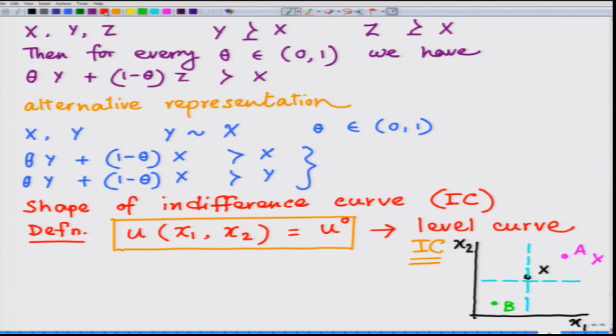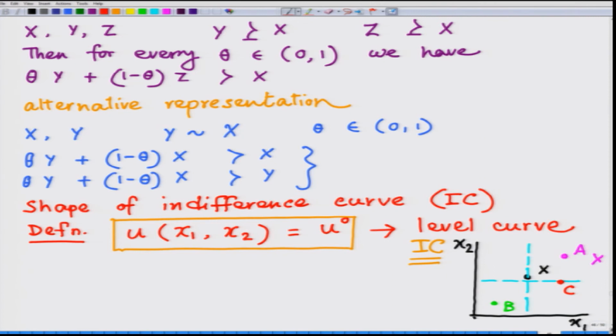Let us take another point, say here, and let us call this point C. Now, here you note, although in the bundle C we have the same number of units of x2, it has more units of commodity 1. So, of course, by dominance C is preferred over x. So, C cannot also be on the indifference curve.